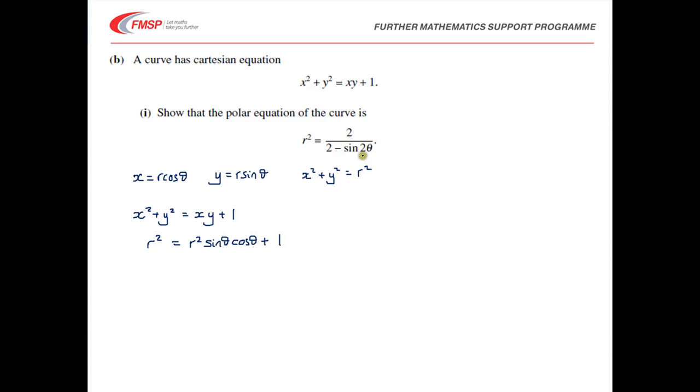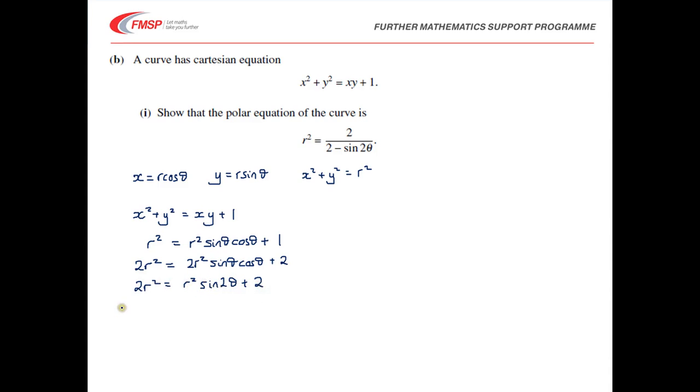Now, comparing with what I'm aiming for, sin 2 theta, you'll remember, is 2 sin theta cos theta. There are lots of 2's in that, so I'm going to multiply through by 2. That'll save me having to use any fractions. Now I can convert that 2 sin theta cos theta into sin 2 theta.